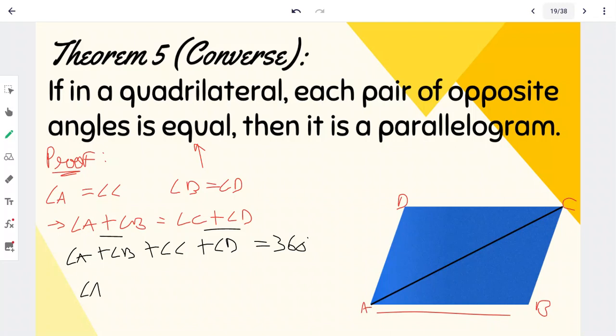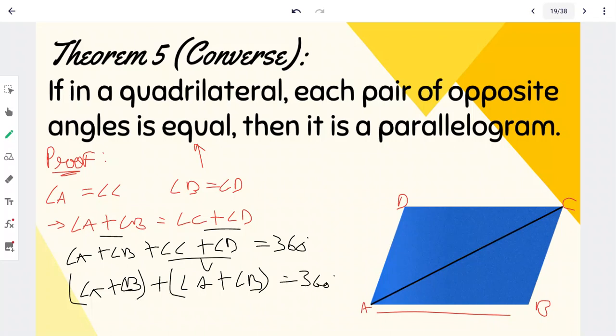So I can say that angle A plus B, plus angle A plus B again, because this thing is A plus B only, is equal to 360 degrees. Now this we can take common, no need to write two terms. So 2 times angle A plus angle B is equal to 360.